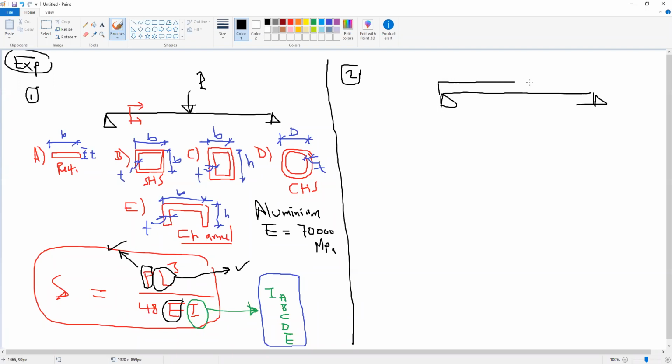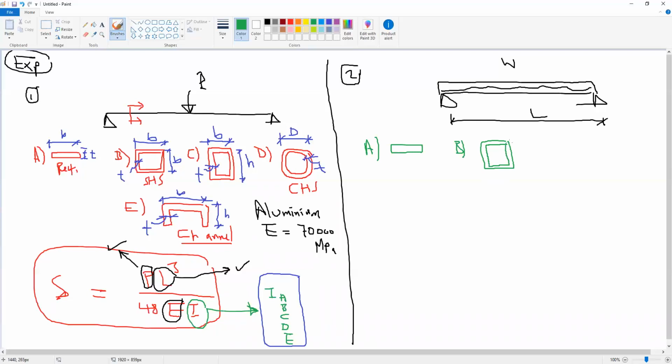So if we have a uniform distributed load W and the span L, we will have the same 5 cases. A is the solid bar or the rectangular bar. B is the square hollow section. C is the rectangular hollow section.